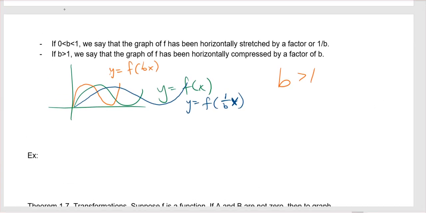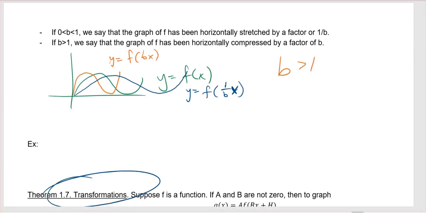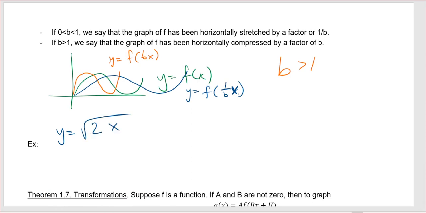So let's take a look real quick. We're about to do everything at once, so hold on to your seats. Let's take a look at y equals, let's use that square root one again. So if I have 2x, I can do this one at the same time, 1/2 x.